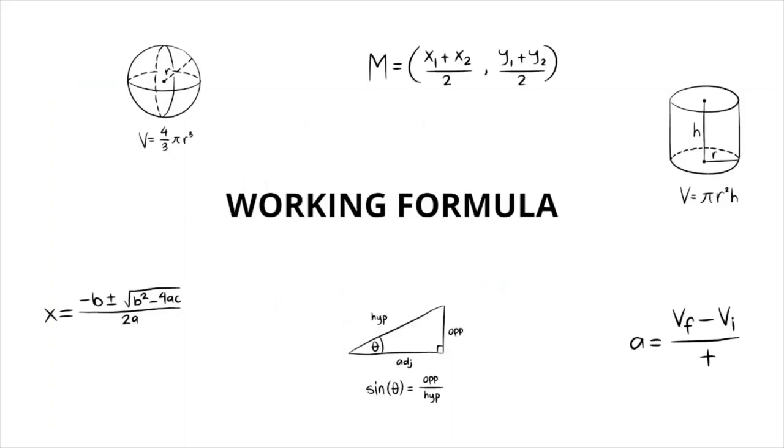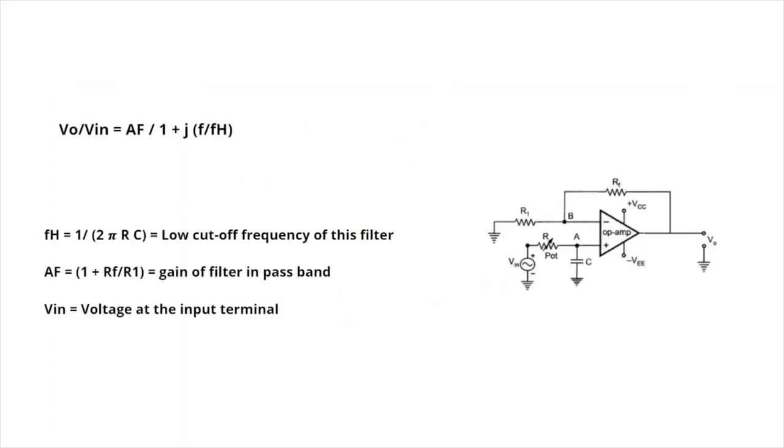Let's look at the working formula. So here we have the equation which says VO, that is the output voltage, divided by Vin, that is the input voltage. That ratio is nothing but the gain, which is equal to AF.